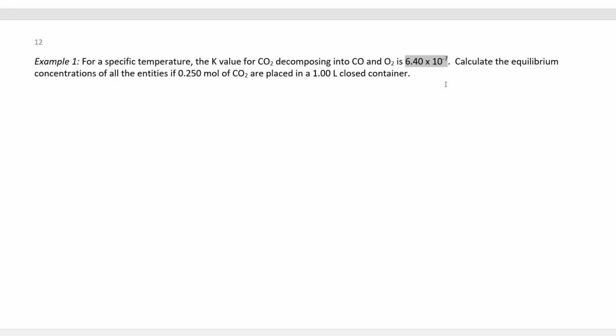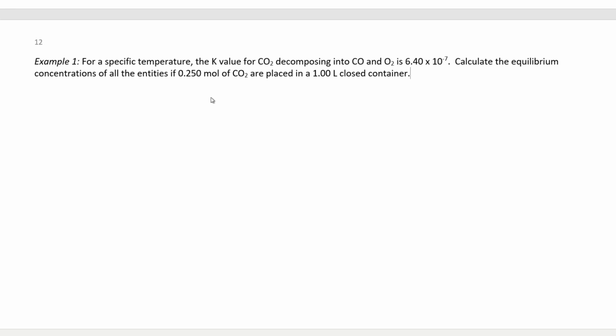So we need to find the equilibrium concentrations of all the entities. So I need the equilibrium concentration of carbon dioxide, carbon monoxide, and oxygen if I start with 0.25 moles of carbon dioxide in a 1 liter closed container. So I begin this calculation by writing out the chemical reaction.